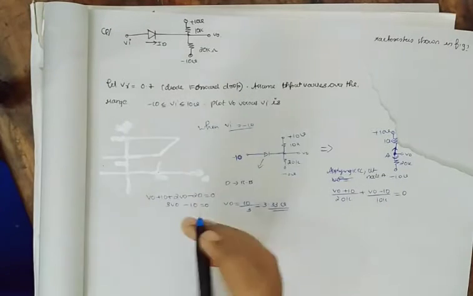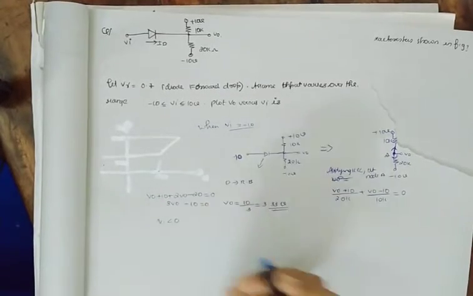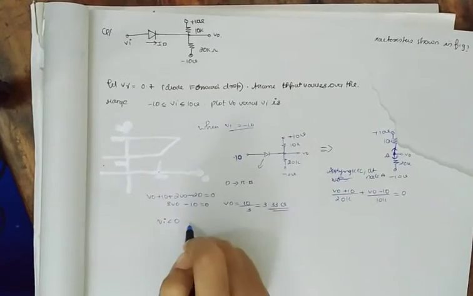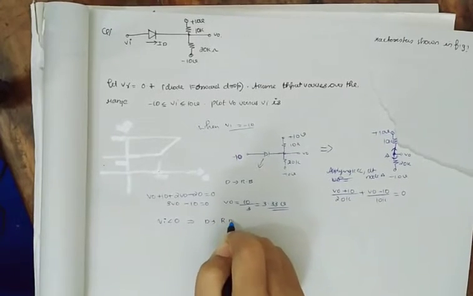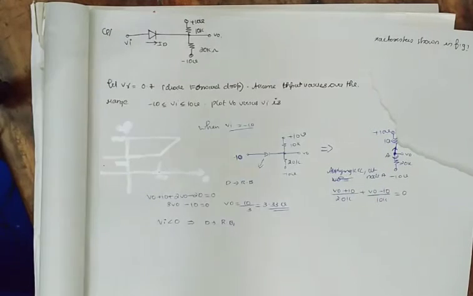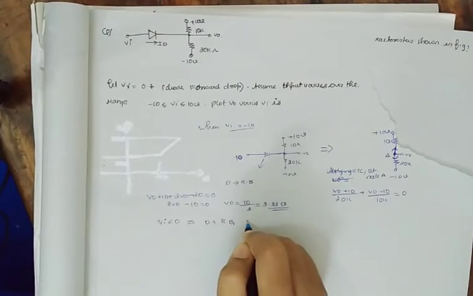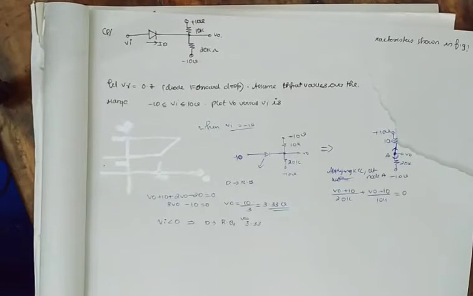From here we can conclude that when Vi is less than 0, the diode is reverse biased. That is sure. And all this time our V0 is 3.33. In this circuit it is also given that there is a battery potential of 0.7.